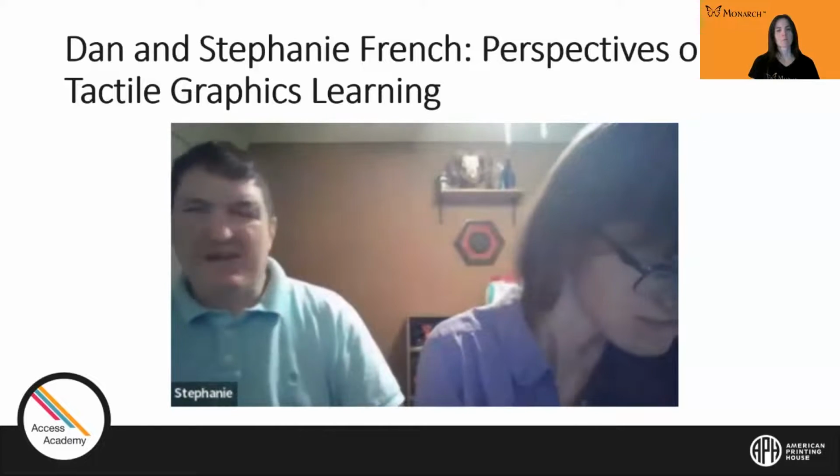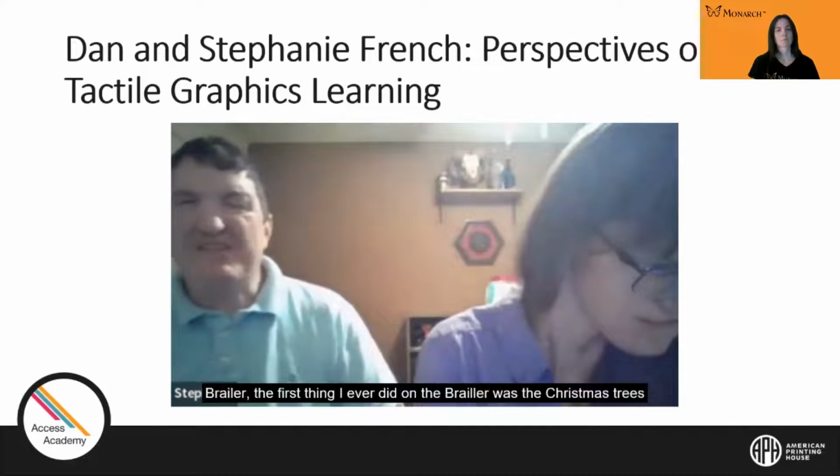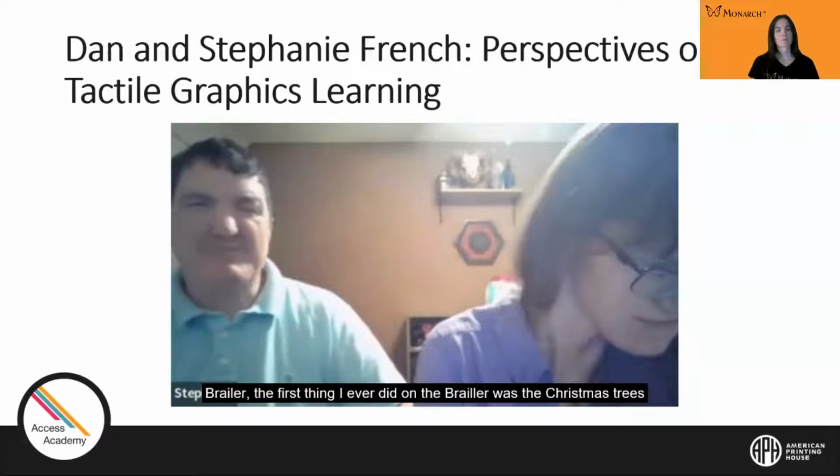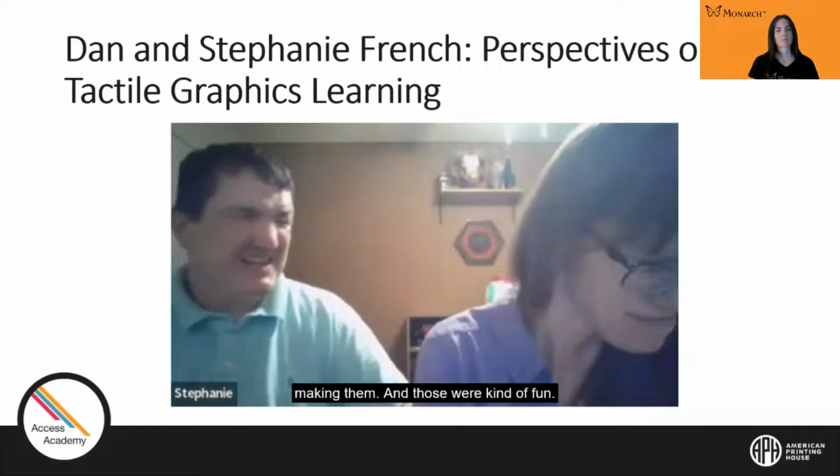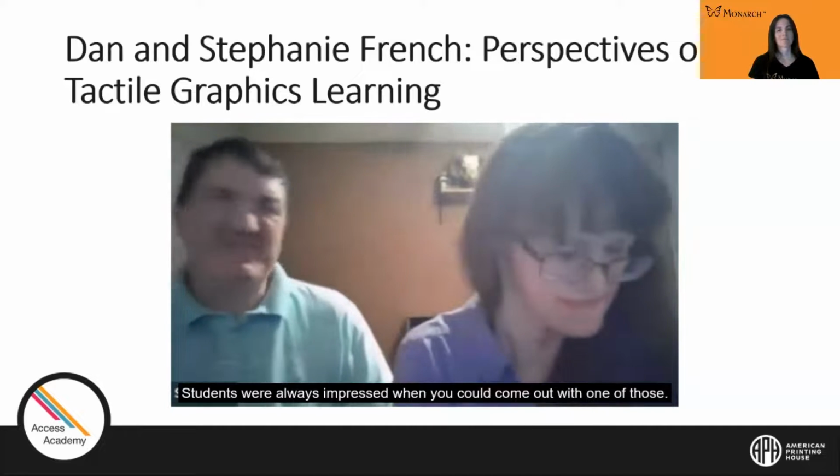On the Brailler, the first thing I ever did on the Brailler was the Christmas trees, making them. And those were kind of fun. Students were always impressed when you could come out with one of those.